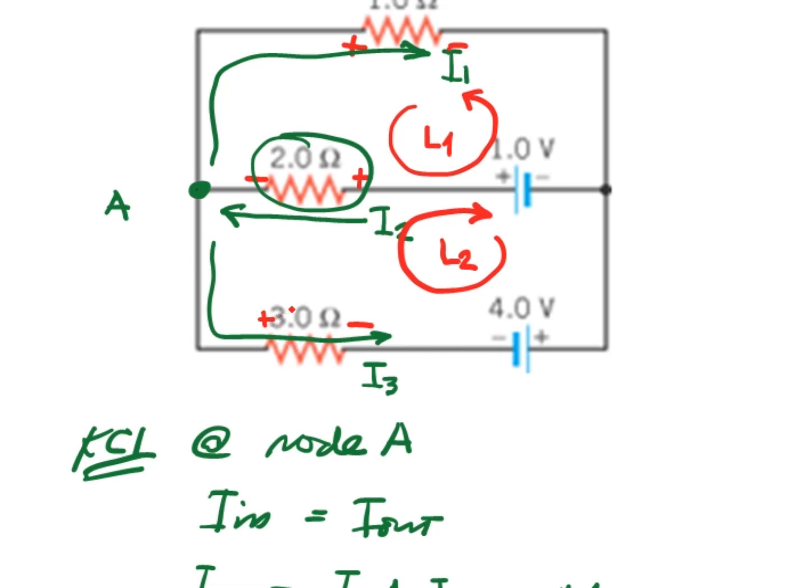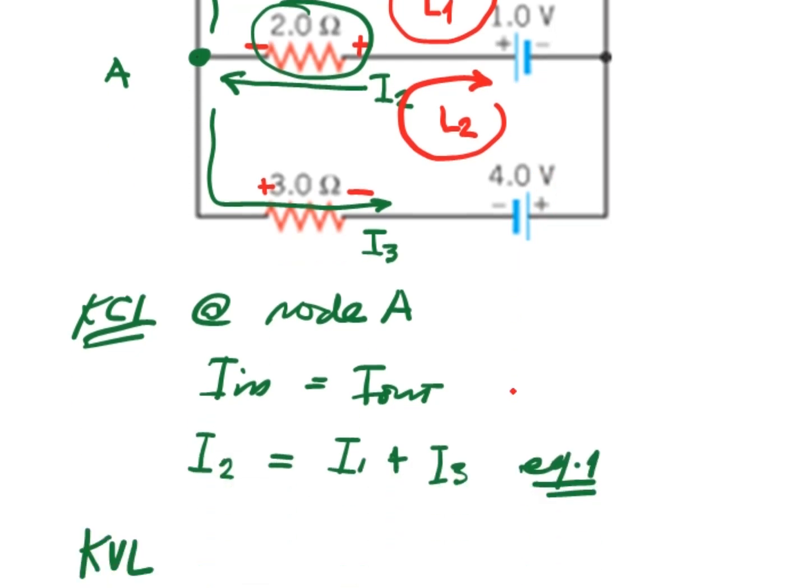Then the 3 ohm resistor will be a potential rise, because it will follow this direction and go out to the positive terminal. For the 2 ohm resistor also, it will be a potential rise. So the 2 resistors are potential rises, then the 2 volt source is a potential drop.